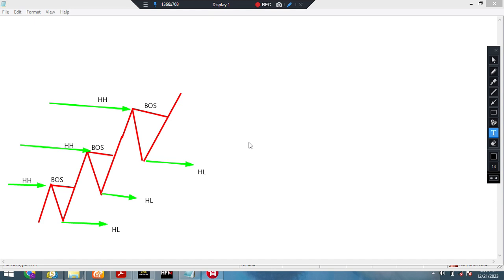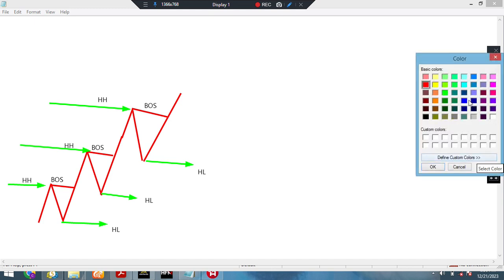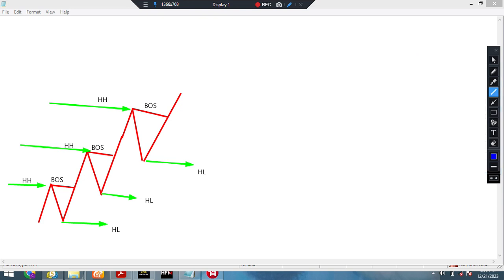So now let me give you an example of the bearish move. In a bearish move, this is what we usually see price do.